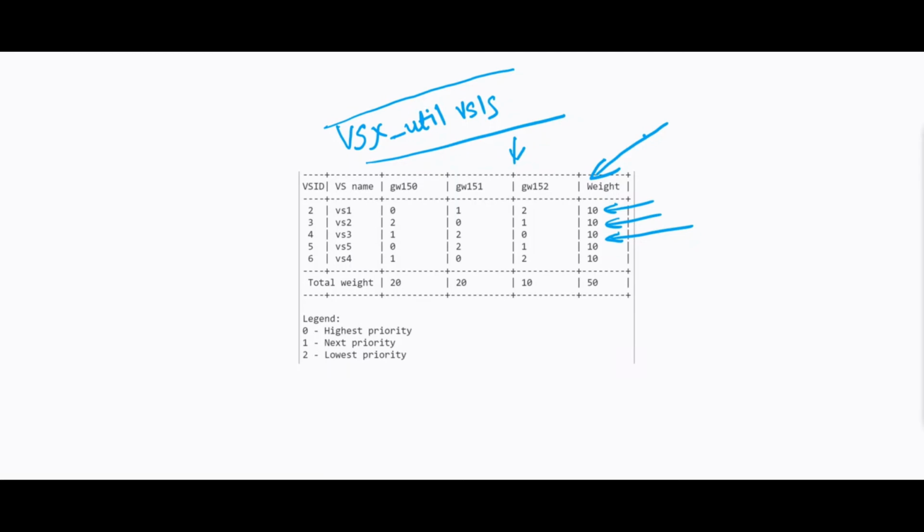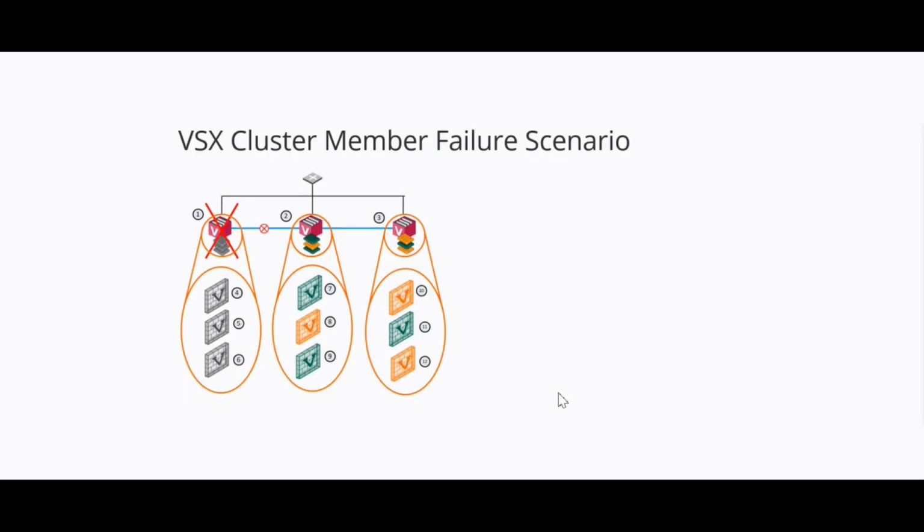So basically we keep the default weight the Check Point algorithm assigns, and changes in weight you can also make with the command vsx_util vsls.